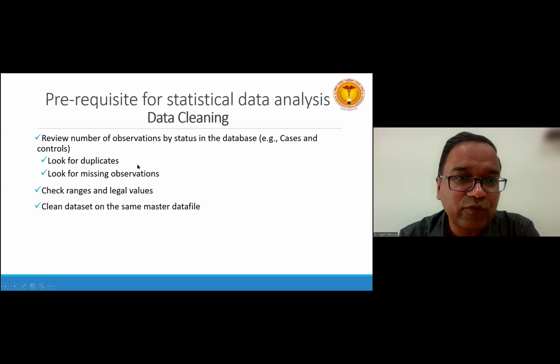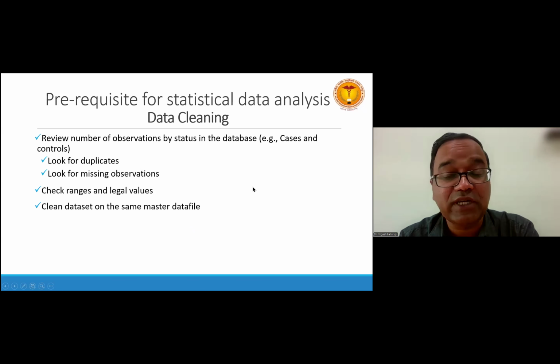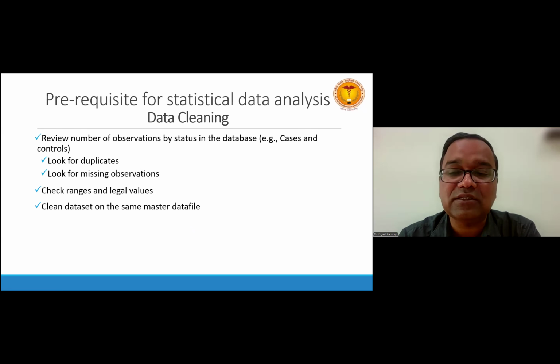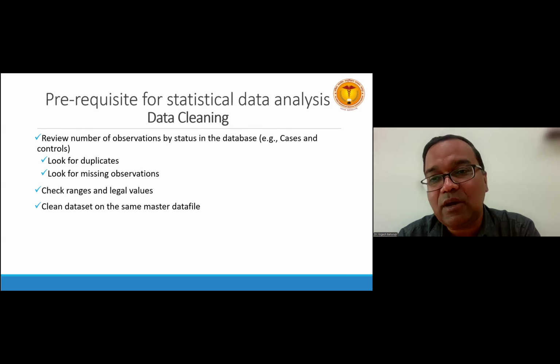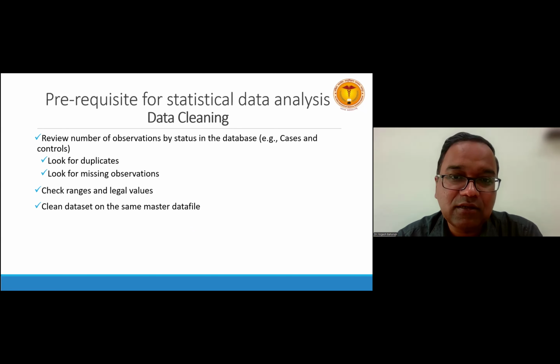The next step before we actually jump onto data analysis is we need to do data cleaning. That's a very important step. We need to check first how many cases, how many controls, or how many intervention and comparator arms we have. So always review the number of observations which we have in our database. That is our first activity. Check for any duplicates.